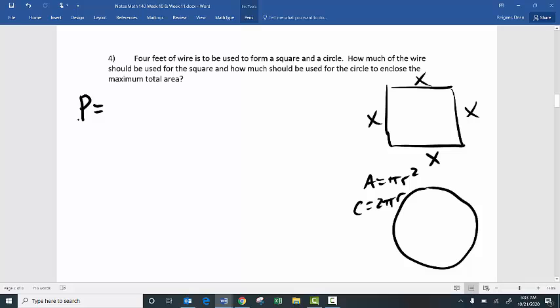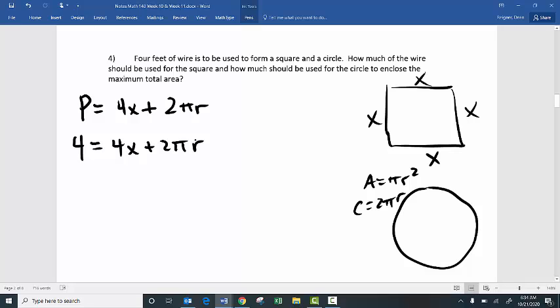So what we want to do is figure out the total maximum area of these 2 things combined if we only have 4 feet of wire to make both of these things. So the perimeter of our square is 4x. And then the perimeter of our circle is 2 pi r. So circumference means perimeter. So in this case, we have 4 feet of wire. Our perimeter is 4 feet.